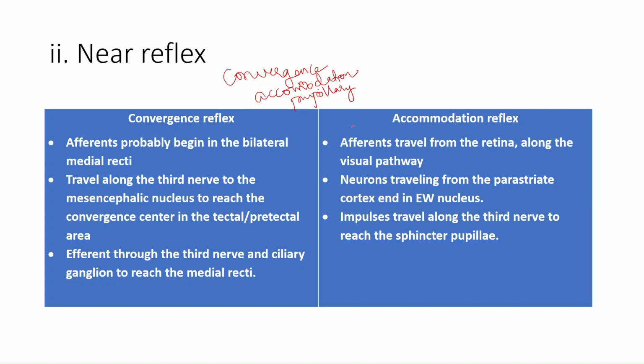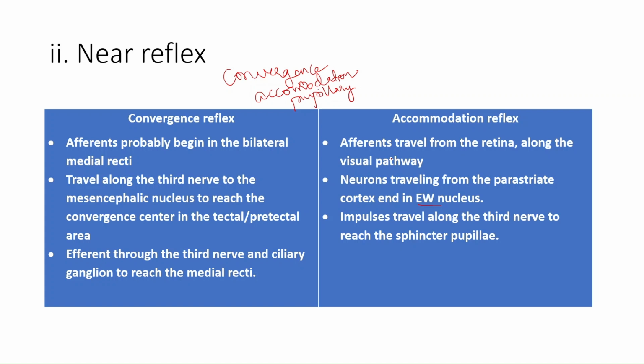How about accommodation? How is it established? The afferent travels mostly from the retina, okay, and they go along the visual pathway to the parastriate cortex. From the parastriate cortex, neurons travel to the Edinger-Westphal nucleus. So impulses travel along the third nerve to reach the sphincter pupillae as previously described.